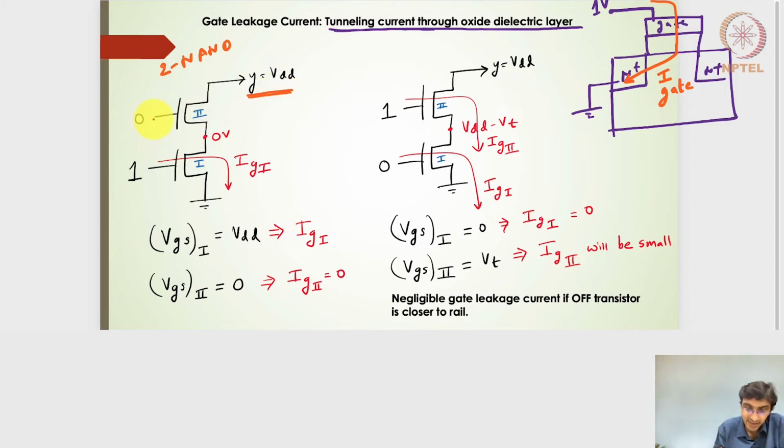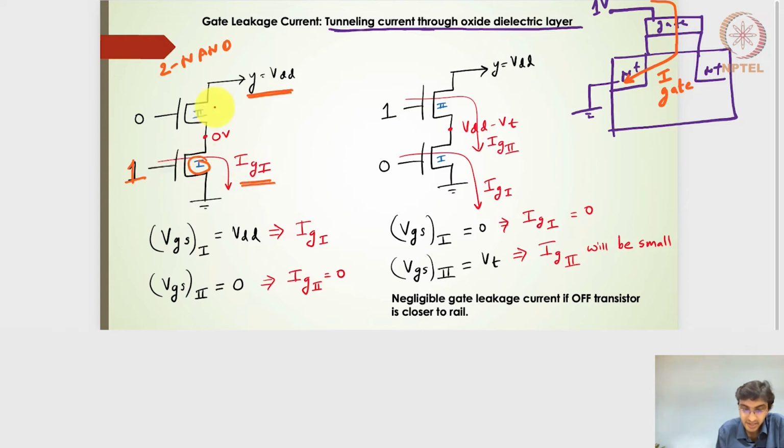In this case, with a 0 and a 1, I will have some subthreshold leakage current. But more importantly, when looking into the gate leakage current, this one is likely to give me a gate leakage current, or tunneling current, across this oxide. That is referred to as I gate for the first transistor.